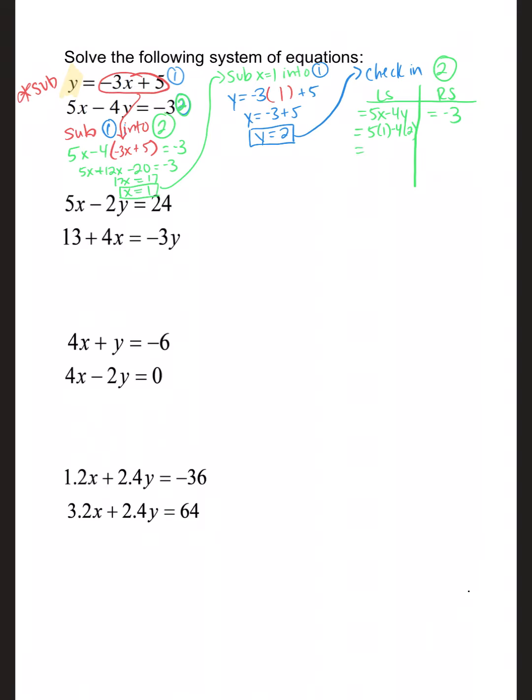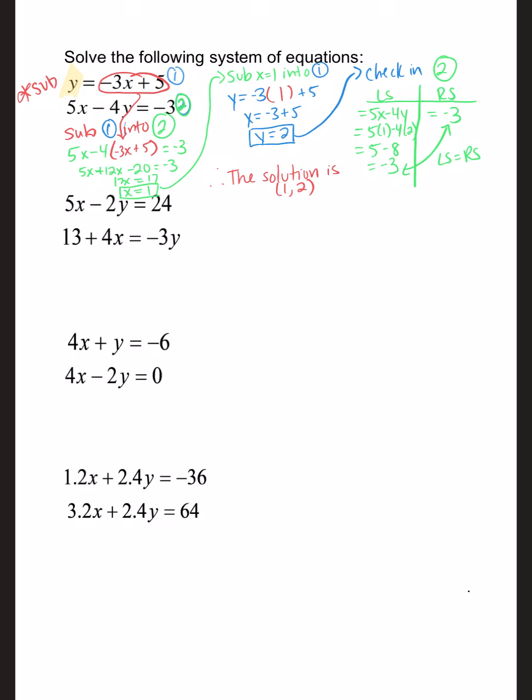So we should get 5 minus 8, which is -3. That's great. Our left side equals our right side. So we can say, therefore, the solution is 1, 2.